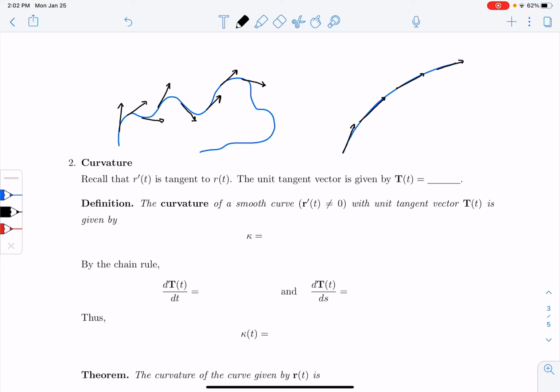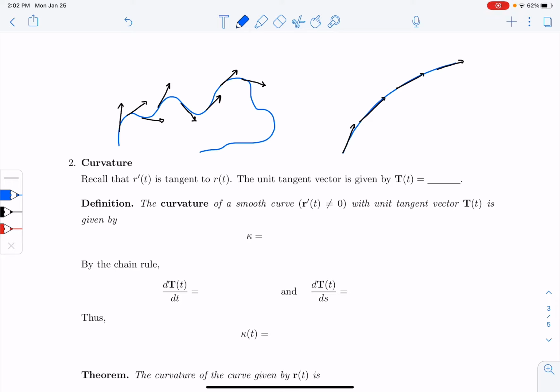So first of all, we have to think about the tangent vector. We're going to recall that if you have a curve, r of t, the derivative r prime of t is tangent to r of t. And so we're going to define what's called the unit tangent vector.